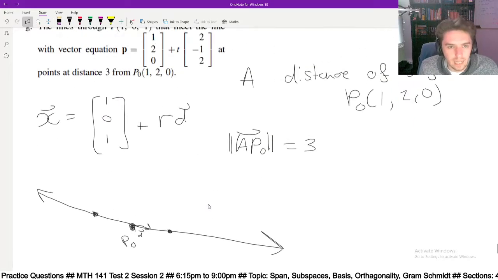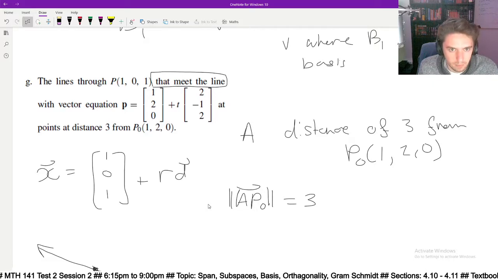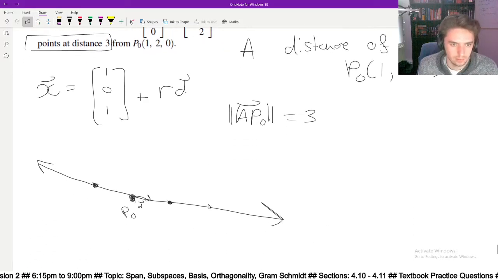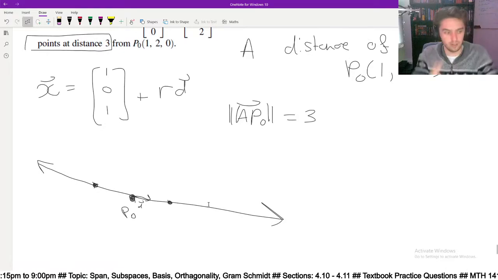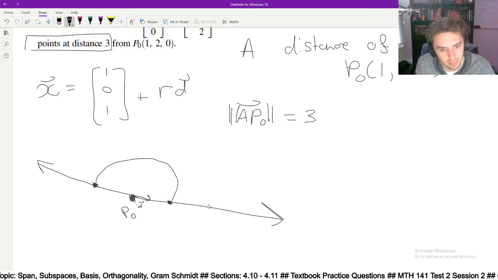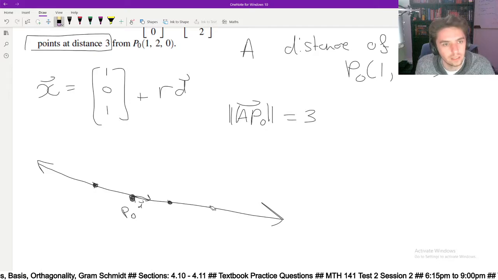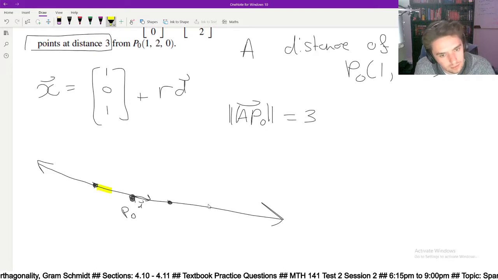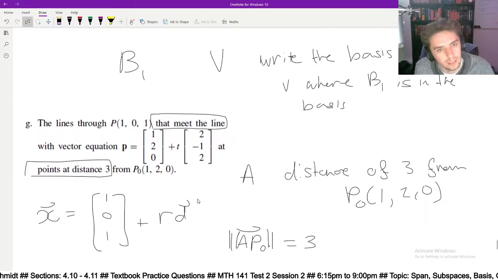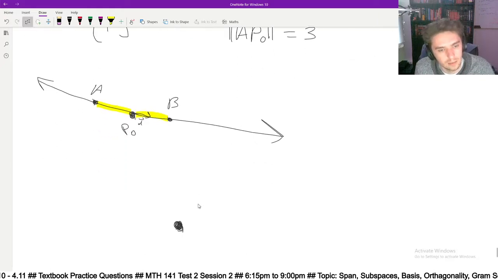The question is saying it meets this line at points at a distance of 3. So we don't have a sphere around it anymore. We have 2 points on the line. I mean, the sphere would go around, and all these points have a distance of 3, but we're saying it meets the line at a point with a distance of 3 from P naught. So I'll call this one A and this one B.